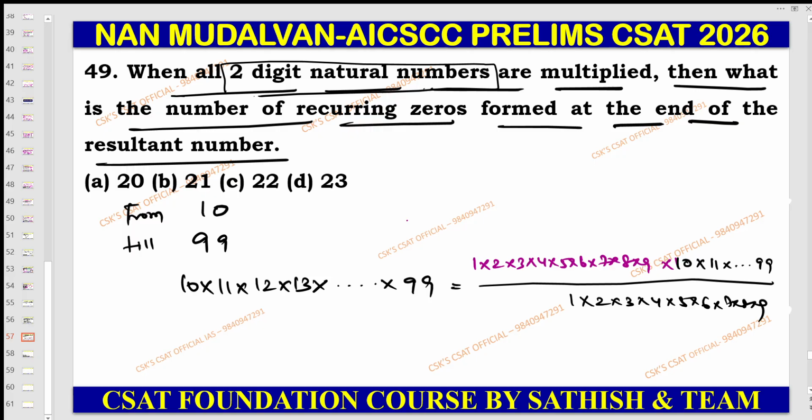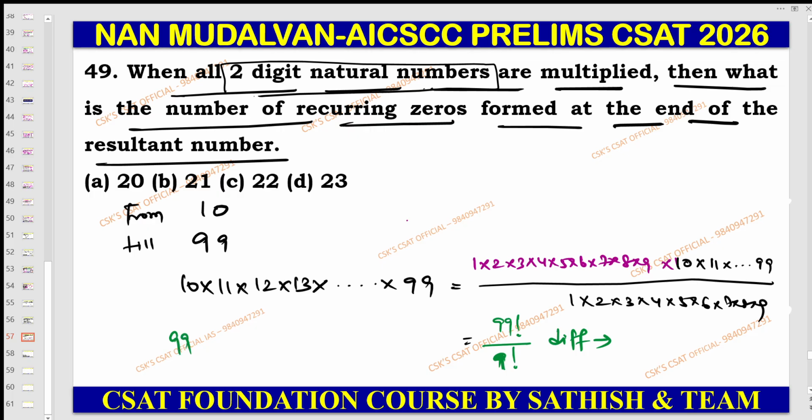So this is the concept. Therefore the numerator becomes 99 factorial and the denominator becomes 9 factorial. Understood, everyone? Then you have to find the difference between them.